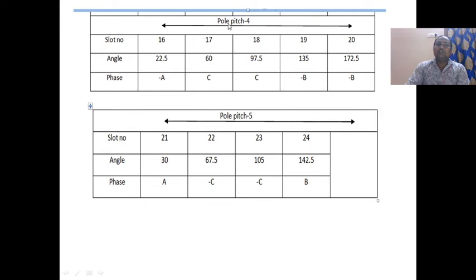Again, we decide pole pitch 4. In a similar manner, we fabricate pole pitch 5. This is a simple and very advantageous procedure, because, compared to integer slot winding, the requirement of conductor is minimized.